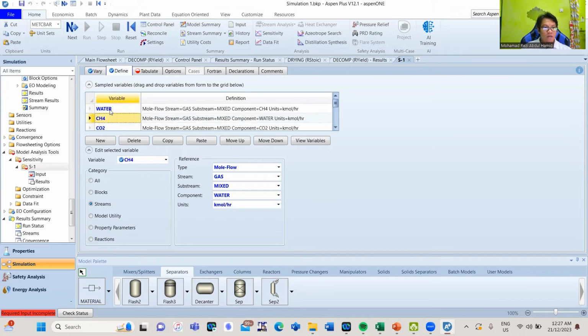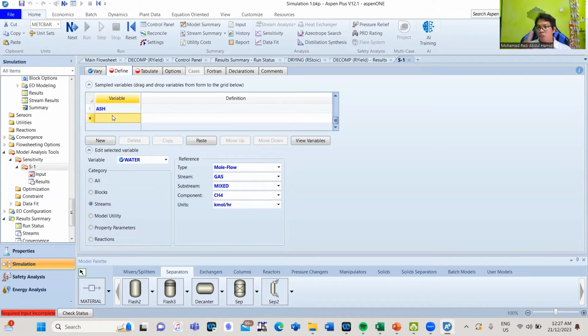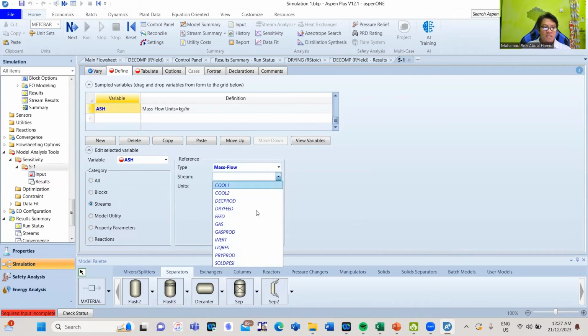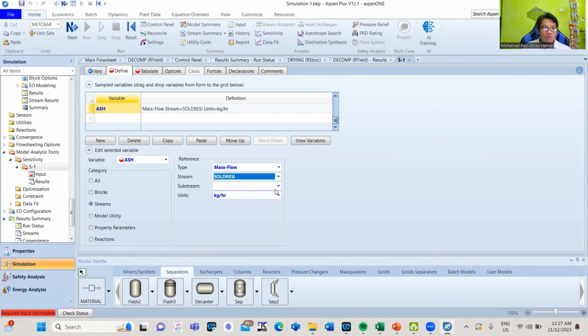It's easier. And then I also need to add another variable, which is ash, because you need to find out the mass flow rate of the solid residue. So ash is basically a stream variable. It's going to be a mass flow of the stream solid residue.